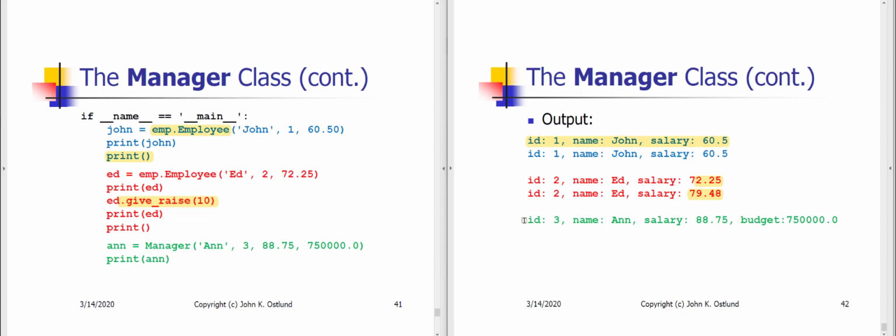And notice that because we called super dot dunder str, the initial three parts of output for Anne are in the same structure, the same format as for an ordinary employee. But then we've also got this incremental stuff on the end where we tacked on comma space budget colon and then Anne's budget.